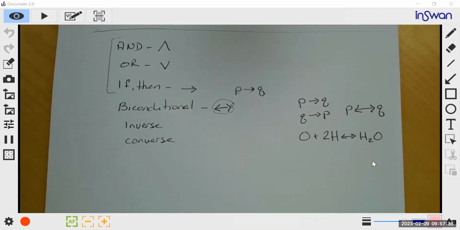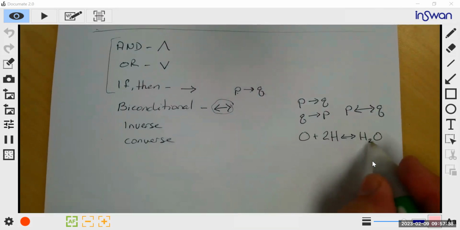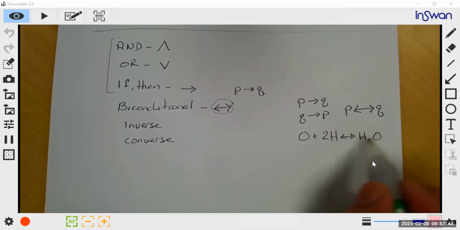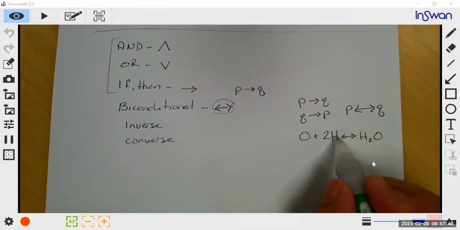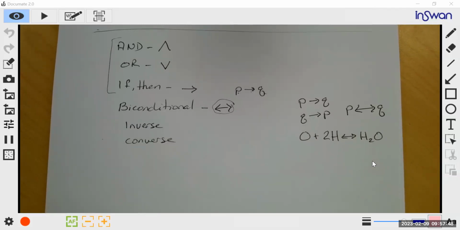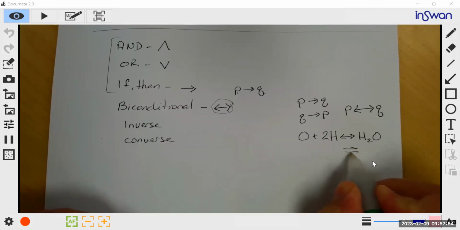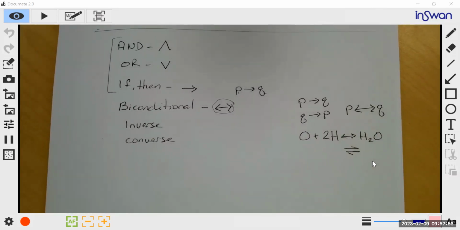One oxygen plus two hydrogens is H2O, water. Or I could go the other way. I could break apart the water, and I get oxygen and I get hydrogen. The way chemists do it is this way, but it's exactly the same thing.